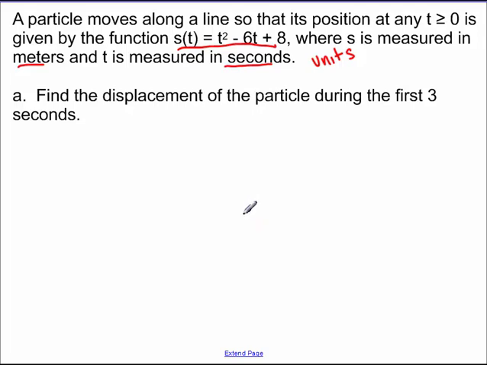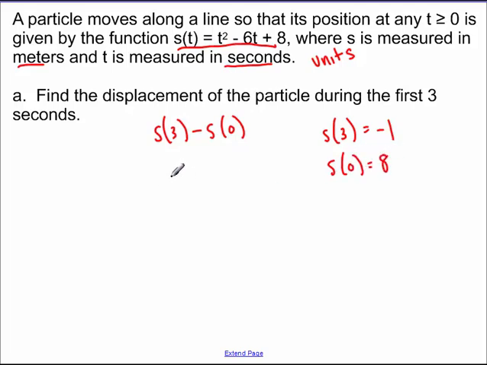So that's just s of 3 minus s of 0. So we have s of 3, which is negative 1, s of 0, which is 8. So negative 1 minus 8, and it is negative 9 meters.